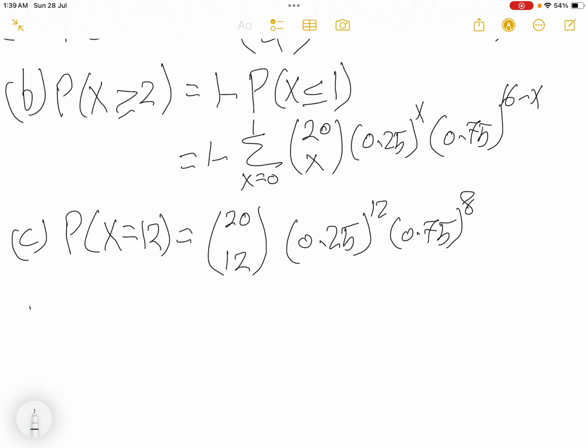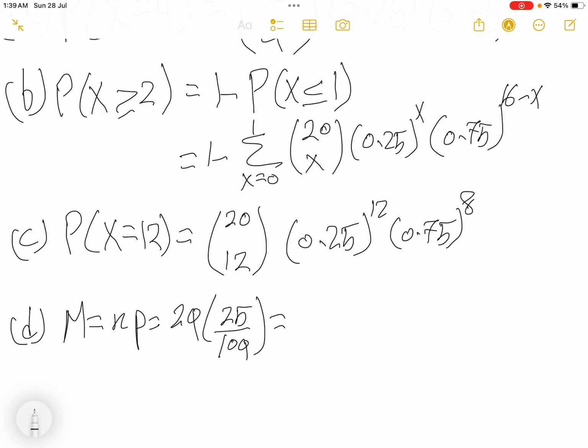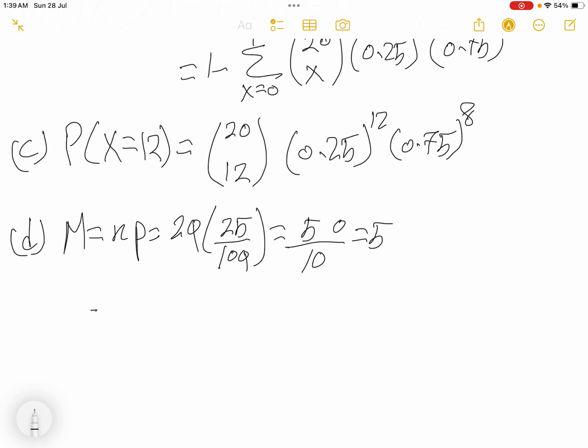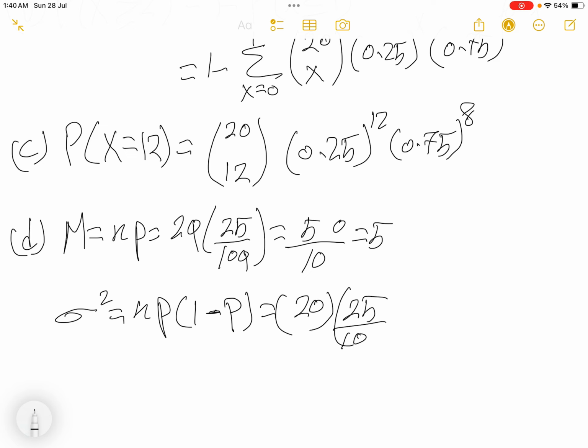Part D, find the mu, n times p, which is 20 multiplied by 25 over 100. You will have 5. Sigma is not requested in the question, but find it. Sigma square equals n times p times 1 minus p, which is 20 multiplied by 25 over 100 multiplied by 75 over 100.